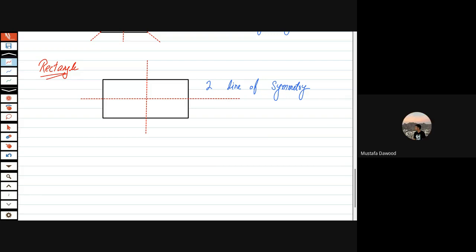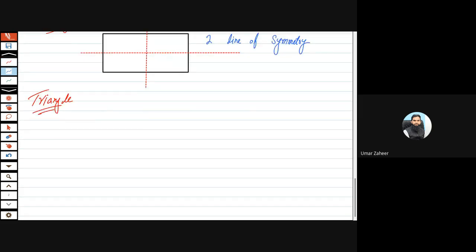We have a triangle. Okay, if for example it is a scalene triangle, meaning all the sides are different, then obviously we don't have any line of symmetry. Taking triangles on the basis of their sides, we have scalene, isosceles, and equilateral.